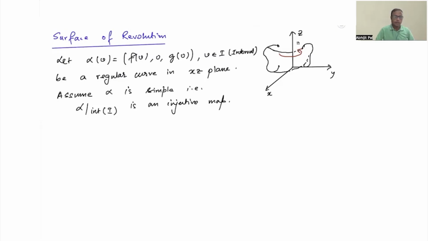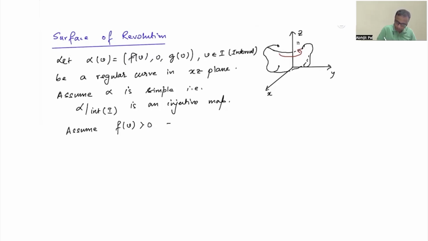And also assume that this curve is disjoint from the z-axis. So assume this f(v) is greater than 0.